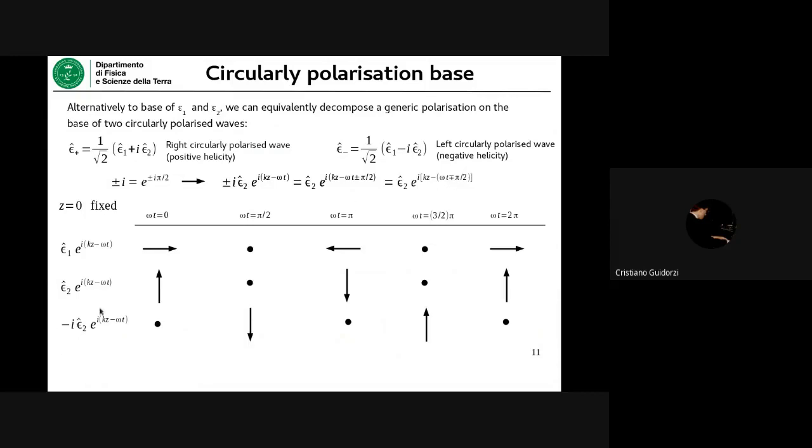So to know what this vector looks like, you just have to take the real part of this expression with the plus sign here. But this is equivalent to taking, as the phase, omega t plus 90 degrees instead. So when you want to find it, you have to look at the previous case 90 degrees ahead.